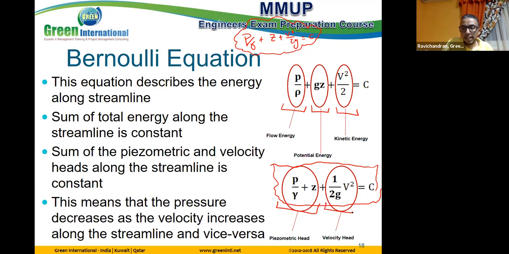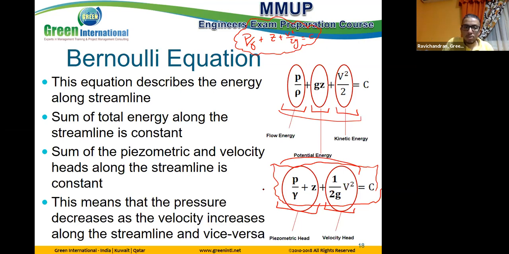And the other term is the velocity head, not kinetic energy, because now this refers to head. So the sum of the piezometric and velocity heads along the streamline is also constant, just like the energy. The total energy is constant, and also the total head is constant.